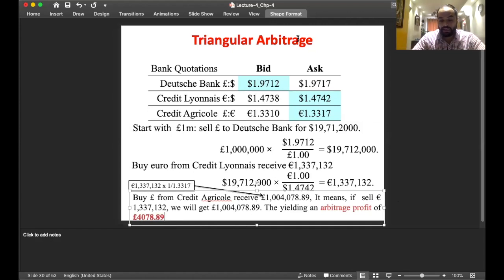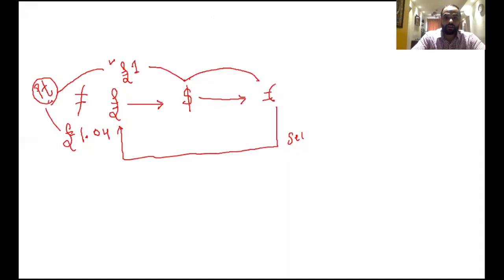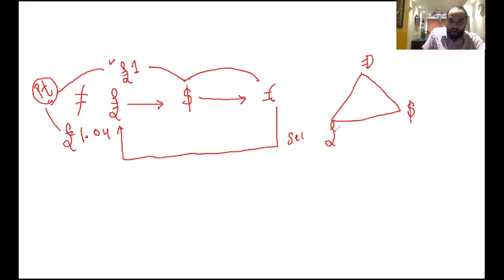Most people normally make a profit by doing this. You can understand it with the help of the dong. You sell dong to buy USD, convert into pounds, and then you sell pounds to get back your position.